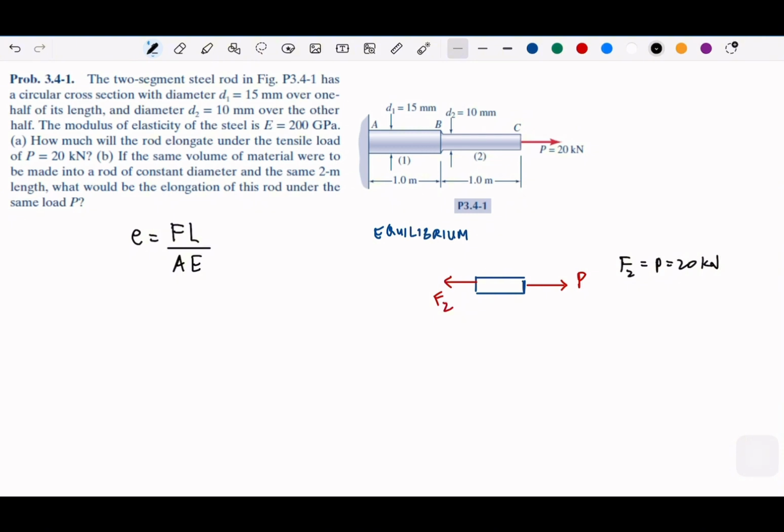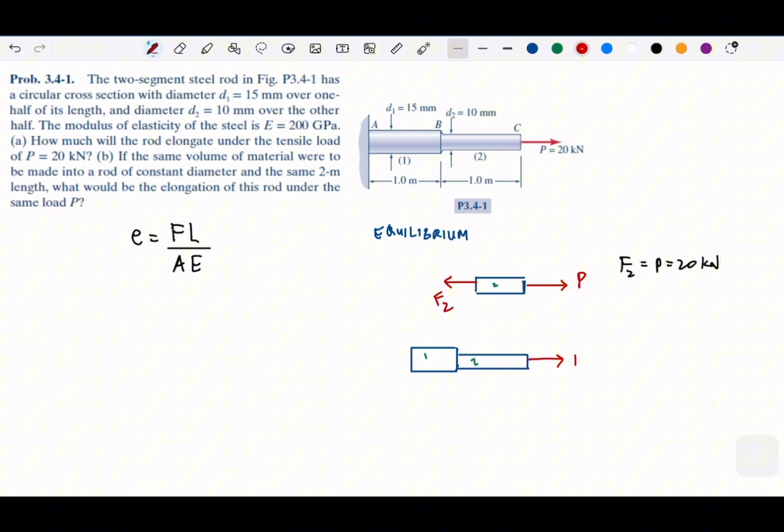And then we can also take equilibrium for element 1, cutting on element 1. This is 2, this is 1, this is 2.